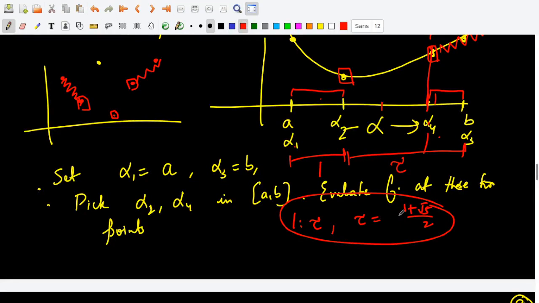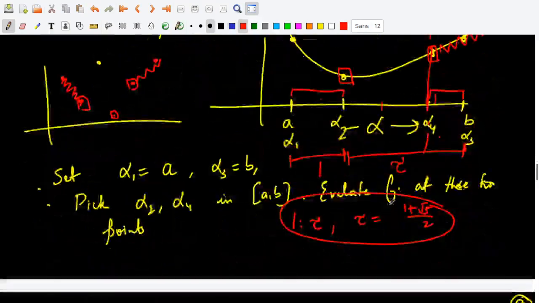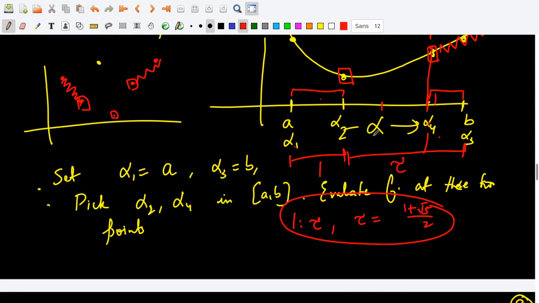So this is a fairly good method to be used, especially since it is simple to implement. The downside is that sometimes you might have to evaluate the function at many more points than necessary, but that is okay.